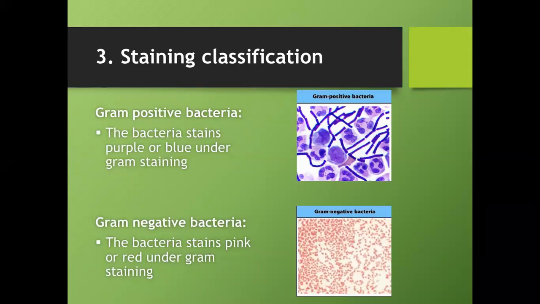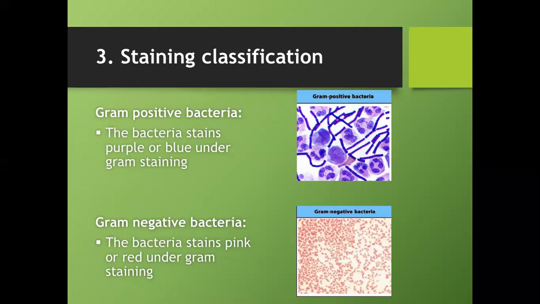So it gets the color of the counterstain, which is safranin, and it's normally pink or reddish in color. As you can see, these are cocci, you see the grains all over, and they are red in color. So these are gram-negative cocci. If you had a better image, you'll know whether it's diplococci or staphylococci.